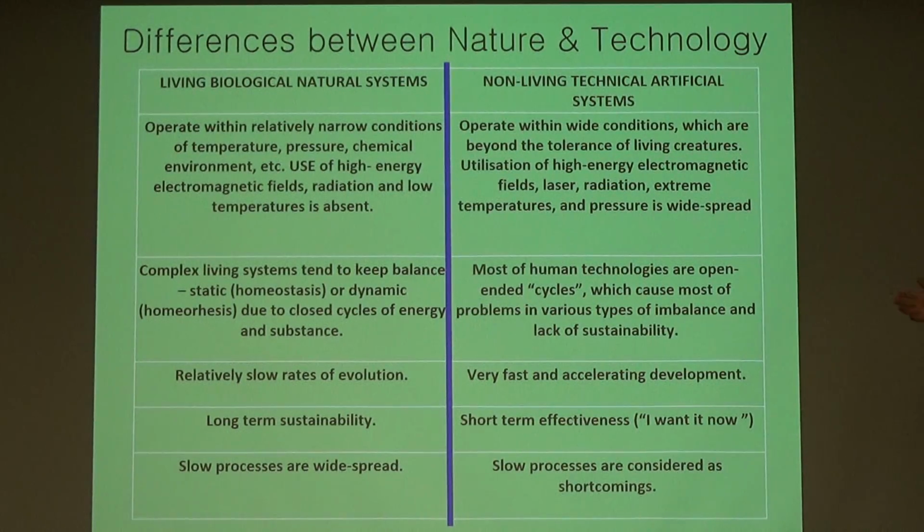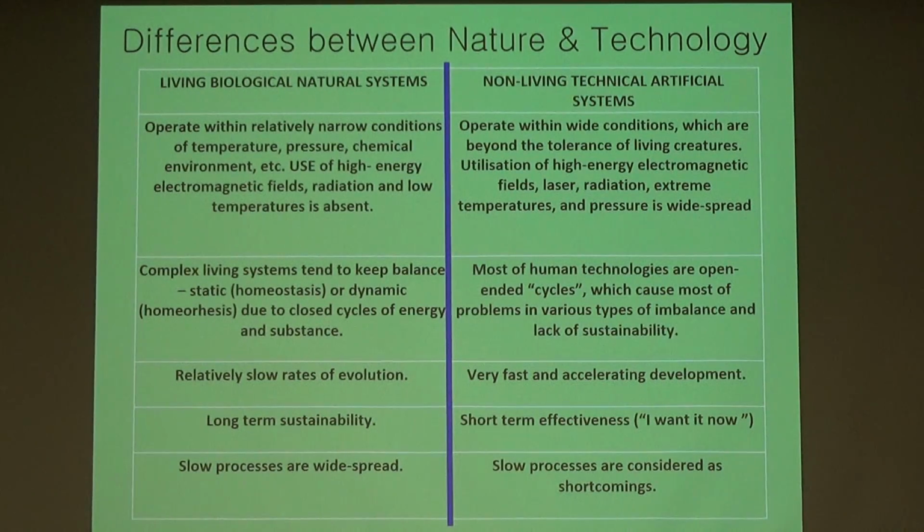So in biology, evolution tends to be very slow. So the development of new designs or adaptations is very slow. And the plus point in human engineering is that it's much faster, very fast, and developments accelerate.